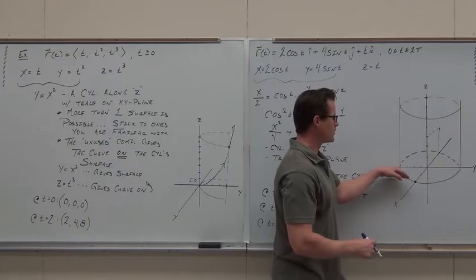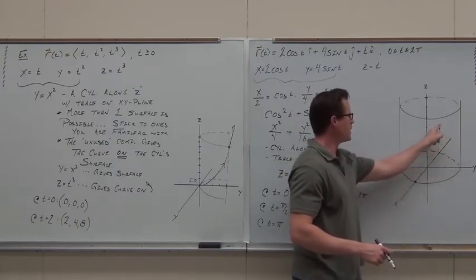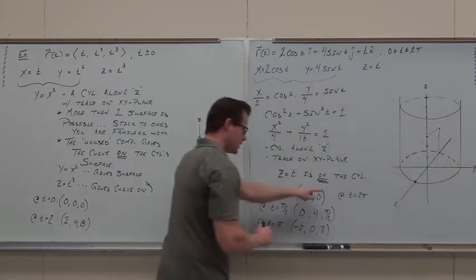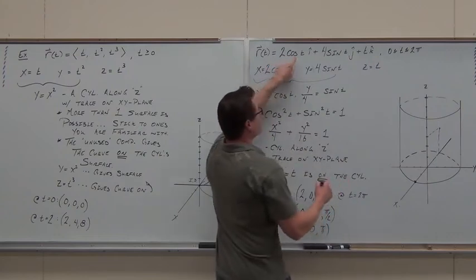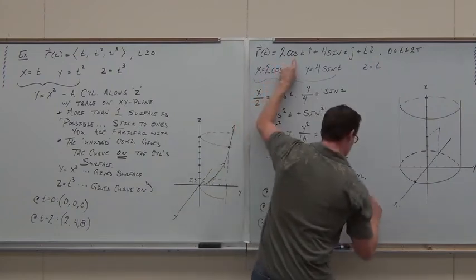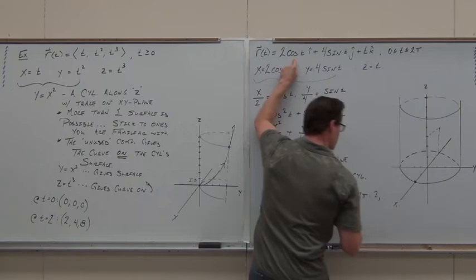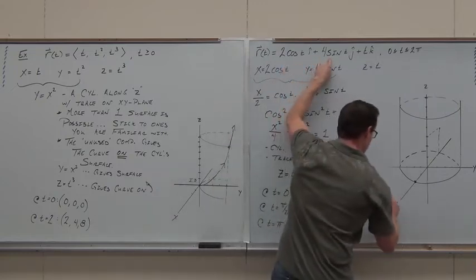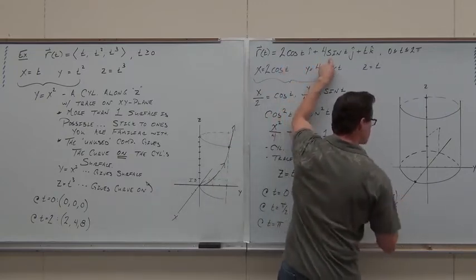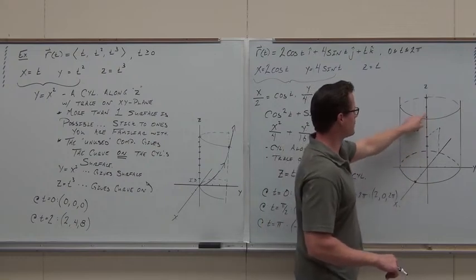So I'm going to come up here, I'm going to hit here, I'm going to travel around, and then at 2 pi, I've got 2, 0, 2 pi. Half of 6, roughly.